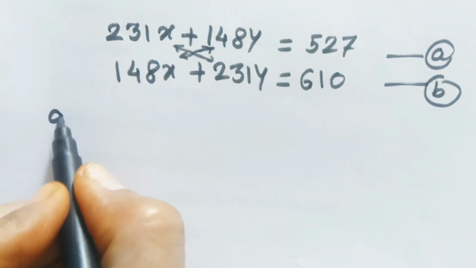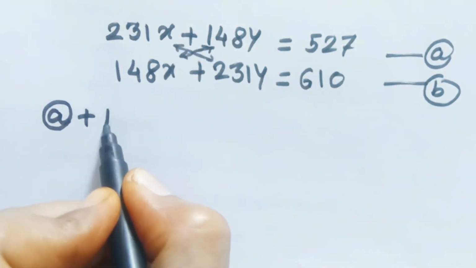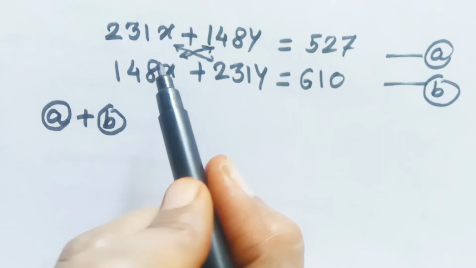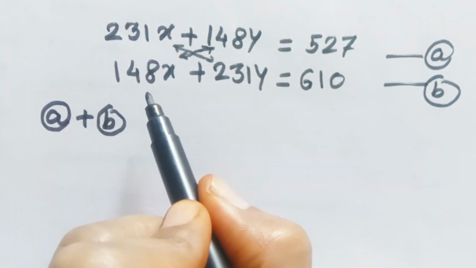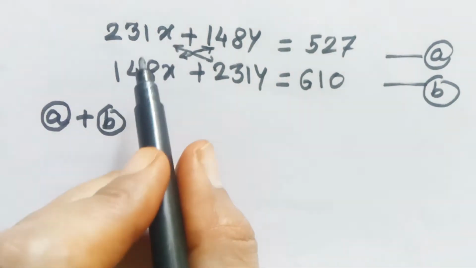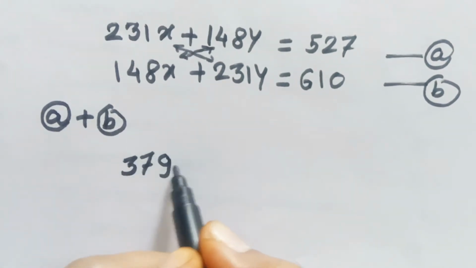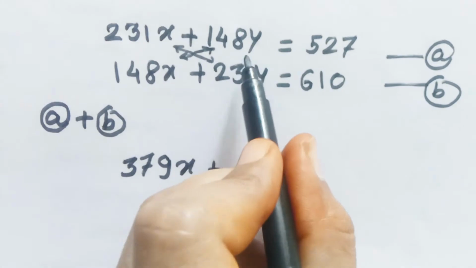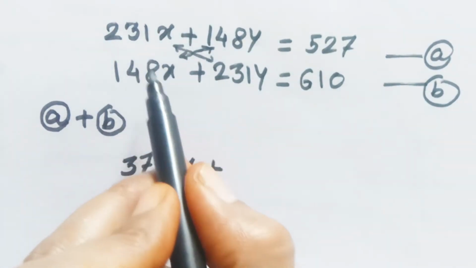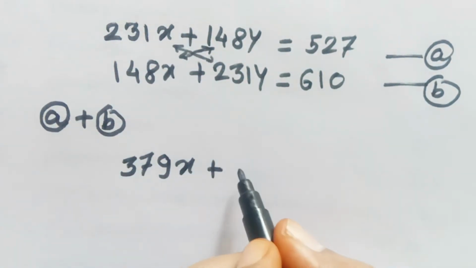So here if we add equation A and equation B, then the coefficient of x, we take the addition of this term, we get 379x, then plus similarly the coefficient of y, here variables are similar, so the addition remains the same.